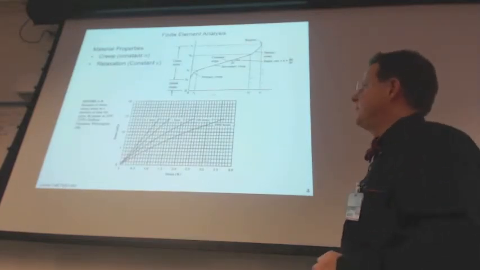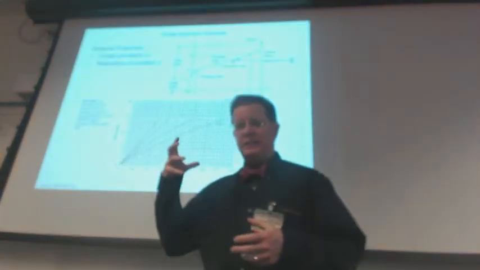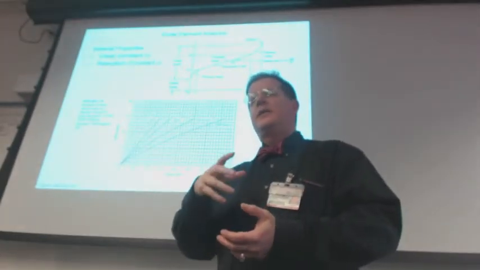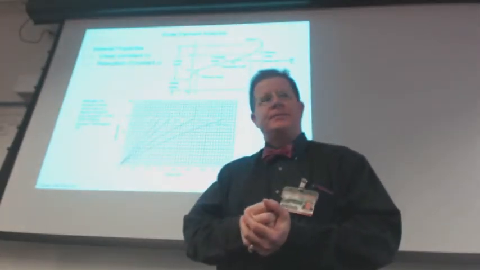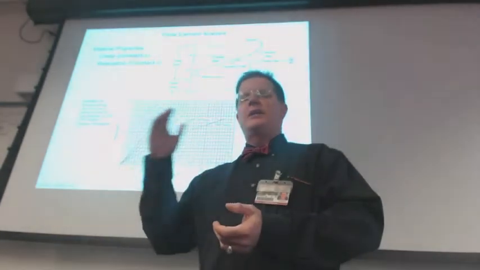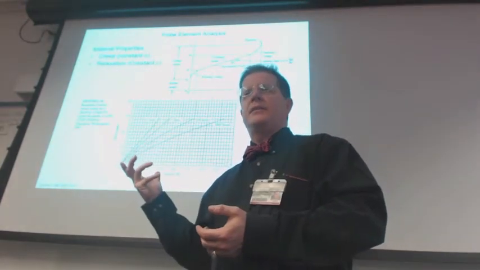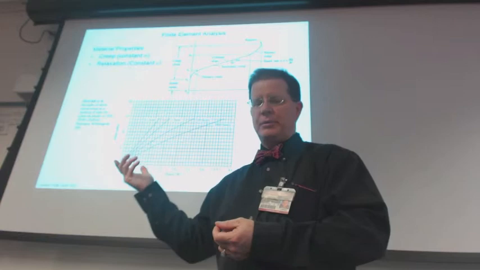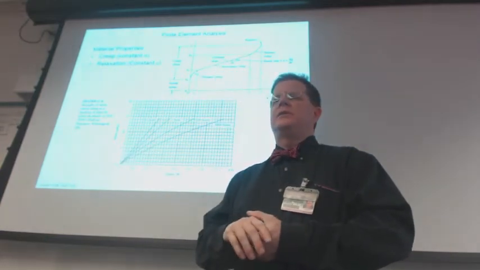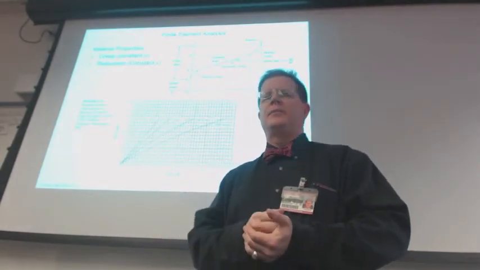So creep and relaxation has to do with what happens to the material after it's under load. Most of the time, this is a function of elevated temperatures, and plastics are particularly affected by this, not so much steel and aluminum unless you have fairly elevated temperatures.